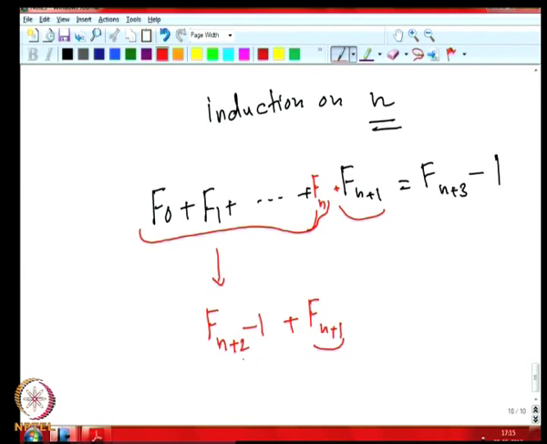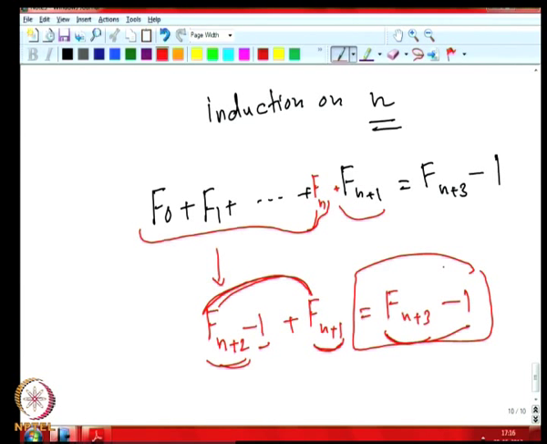So this plus this minus 1, but by the Fibonacci recurrence relation, fn plus 2 plus fn plus 1 is fn plus 3, minus 1. I am just combining these two terms, fn plus 2 and fn plus 1, that is the next term in the sequence, namely fn plus 3, and minus 1. So this is so simple. We can prove it so easily by just simple induction.